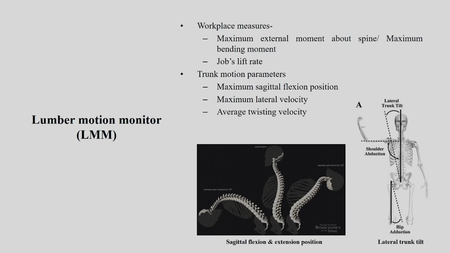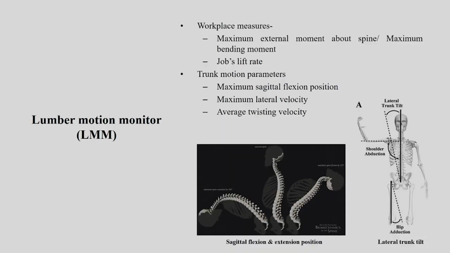So what twisting is happening, what lateral bending is happening, what flexion is happening. This movement and this movement of your lumbar region. So these are the things you are going to get for the trunk motion.